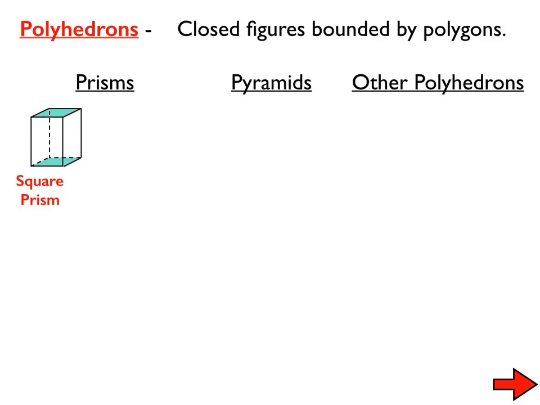So in this situation, this is a square prism because the bases are squares. Now we could also think of this as a rectangular prism if we felt like the front and back were the parallel sides. And once again, we've got lots of places where we're supposed to be filling things in. The next shape, the parallel sides are triangles, so therefore this is a triangular prism.